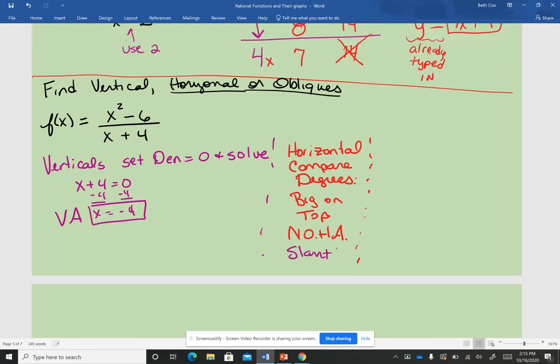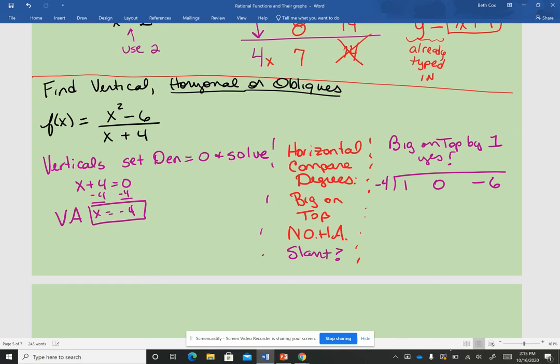So now we're going to question our slant. So our oblique, that's what the other word for slant is. Okay. So big on top by 1. 1 degree bigger? Yes. Exactly 1 degree bigger. So we're going to use synthetic division. 1, 0, negative 6.